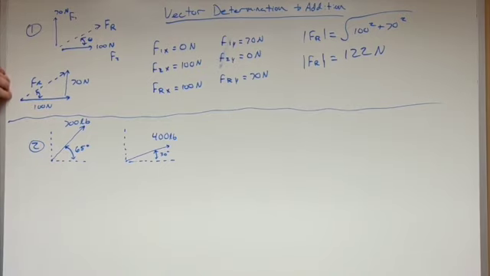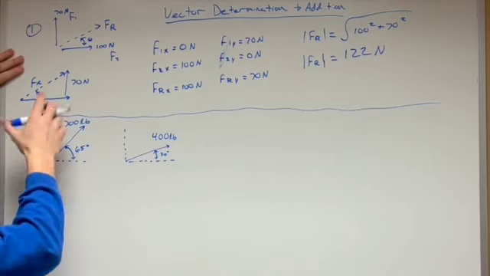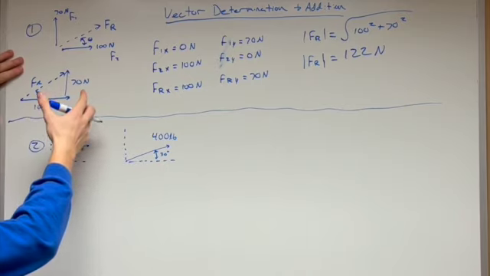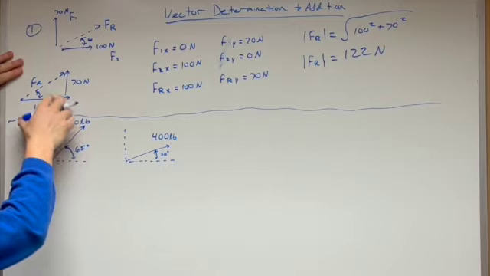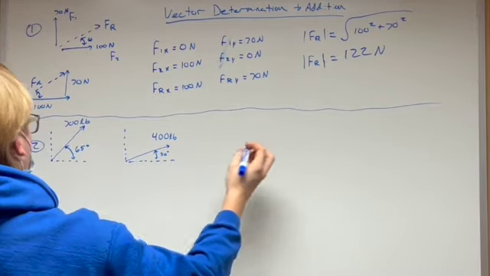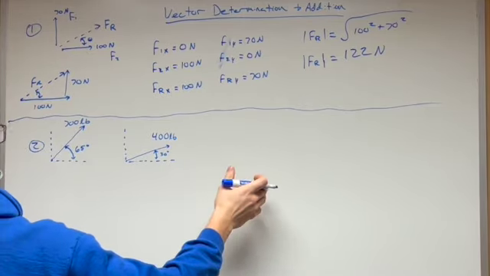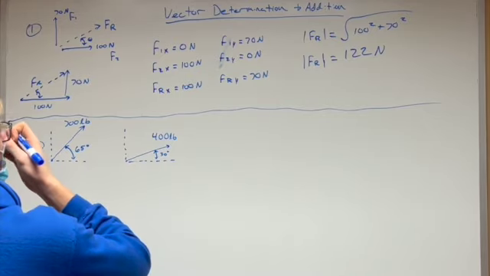So we can use either sine or cosine, either one works. If we use sine, we're going to have to do 70 over FR, and if we do cosine, we do 100 over FR. But we'll just do sine because it's the regular one.